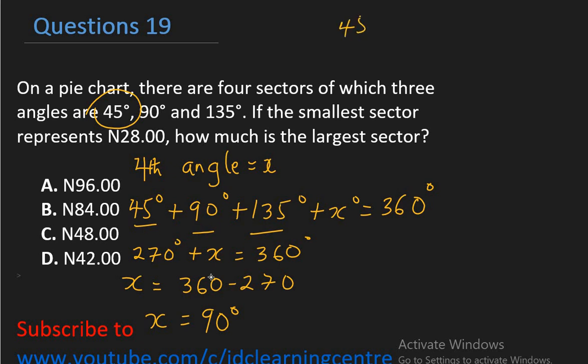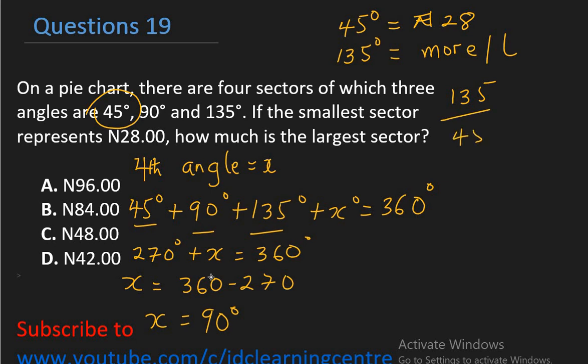If 45 degrees, which is the smallest, represents 28 naira, the biggest, 135 degrees, will represent something more. Let's use proportion. So 135 divided by 45 times 28. If you punch this into the calculator, your right answer will be 84 naira.